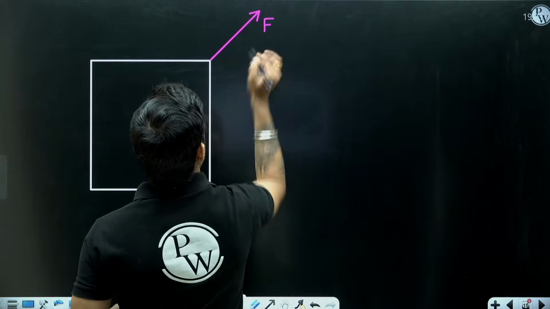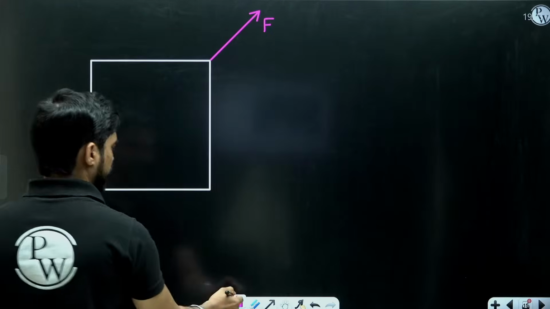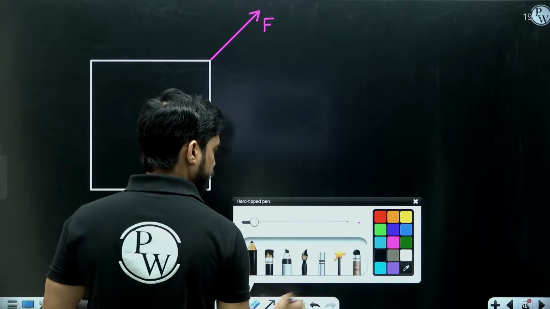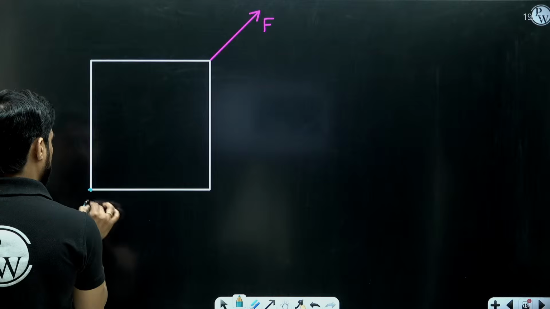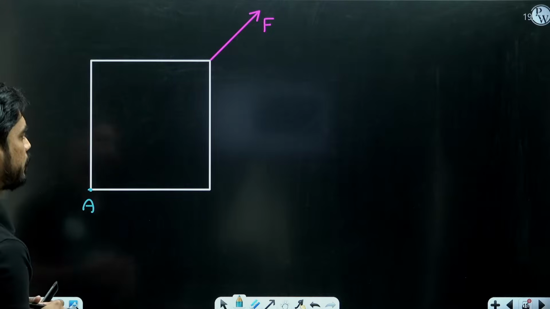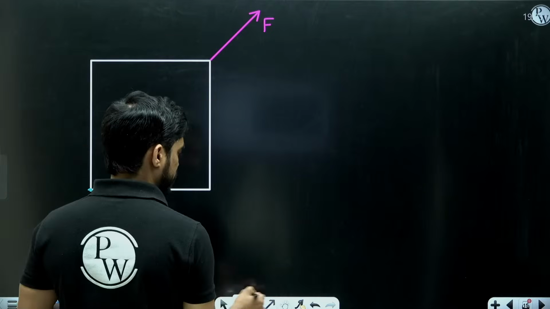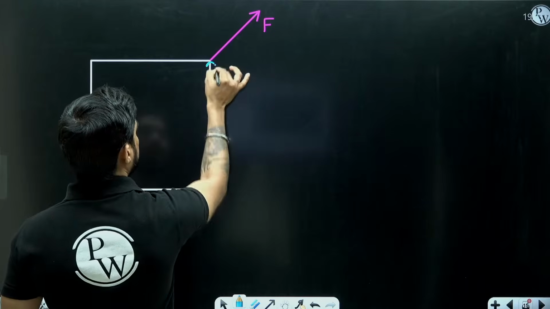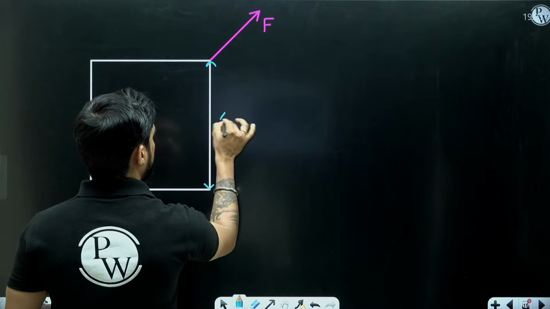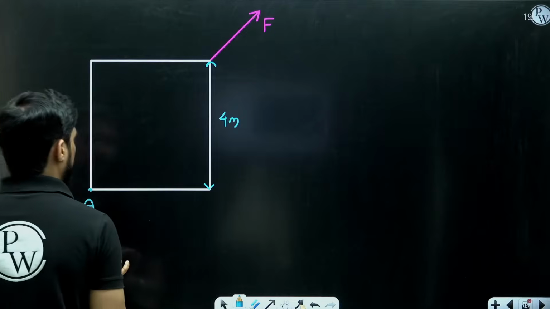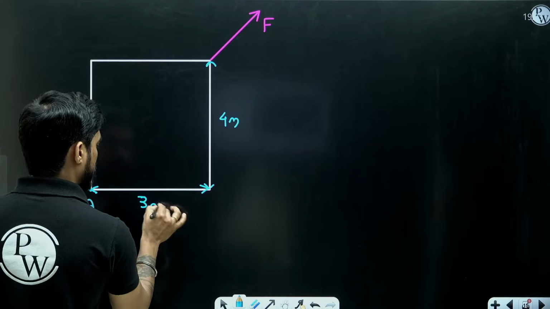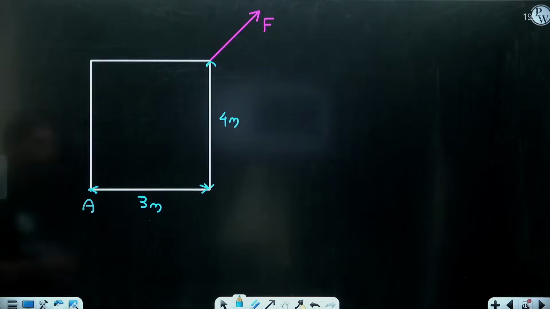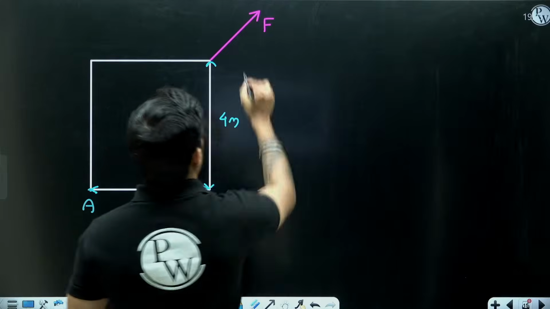Let's say this force is F and it is acting at this point, and I want to find the moment about this point A. Now I know this distance, let's say this is 4 meters, and I know this distance, let's say this is 3 meters. And I want to calculate the moment of this force.